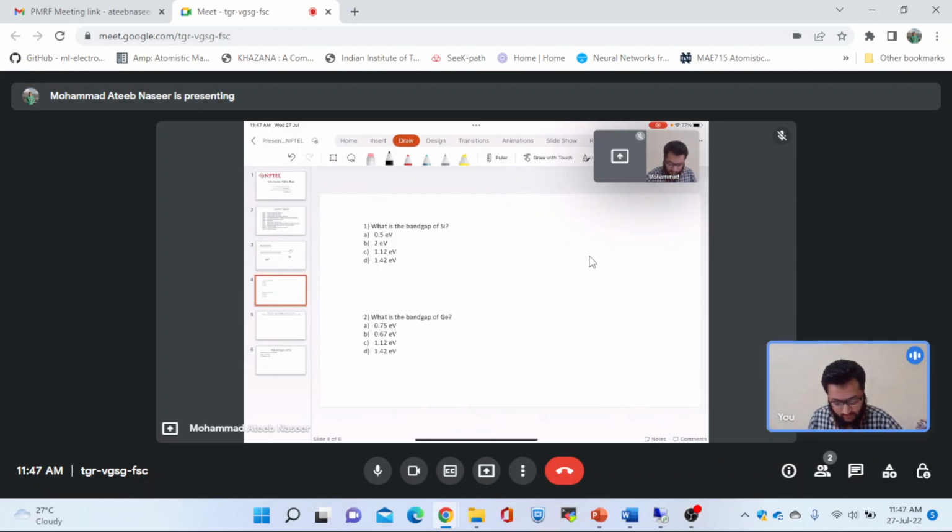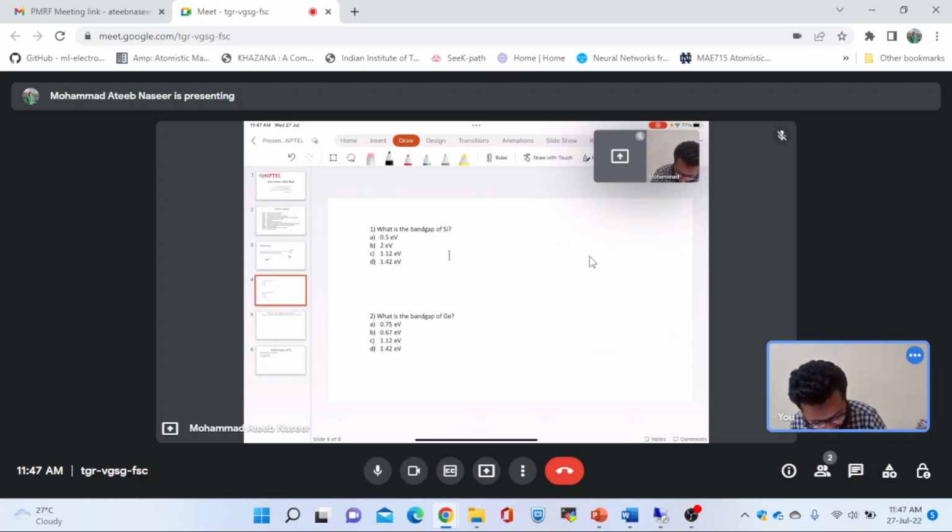Let me ask you some trivial questions. What is the band gap of silicon? The band gap of silicon is 1.12 electron volts.